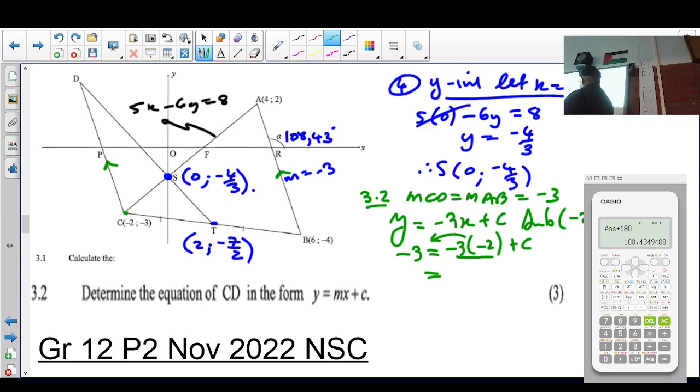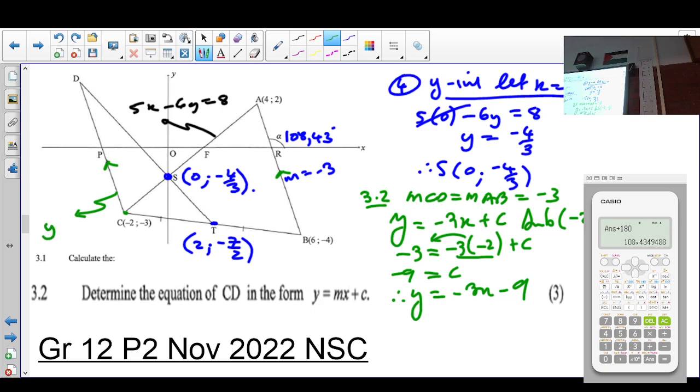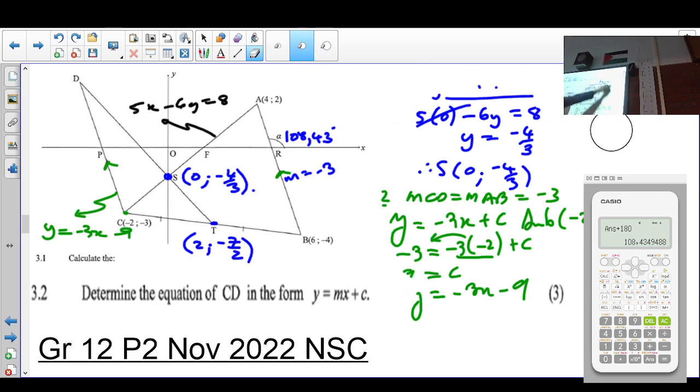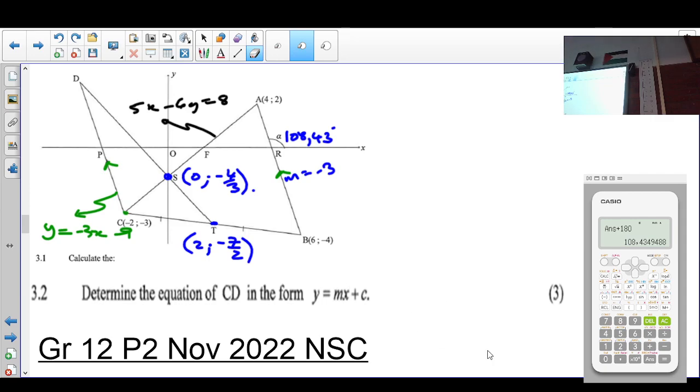Take that over, it becomes negative 6, so it's negative 9. Therefore y is equal to negative 3x minus 9. Okay. Look at the next question.